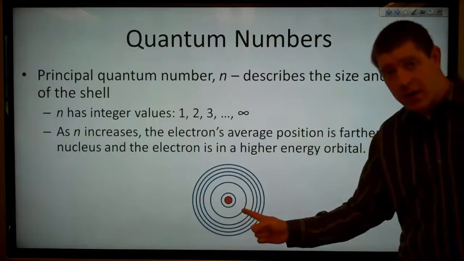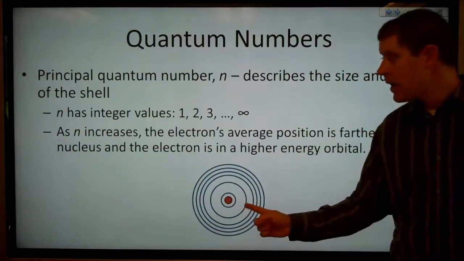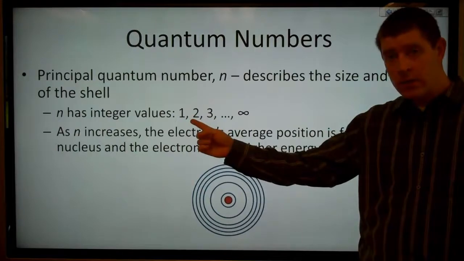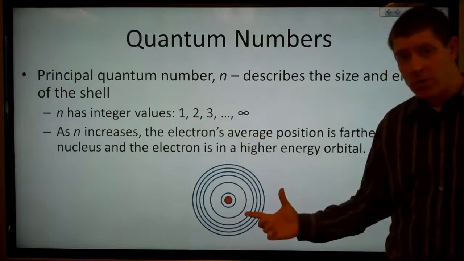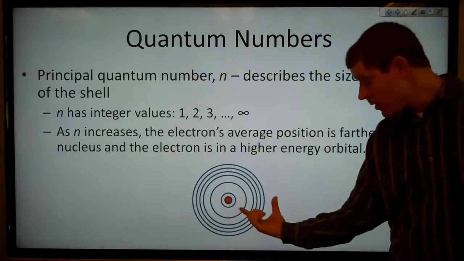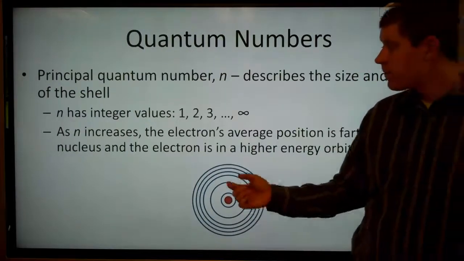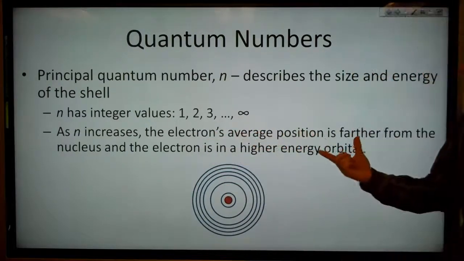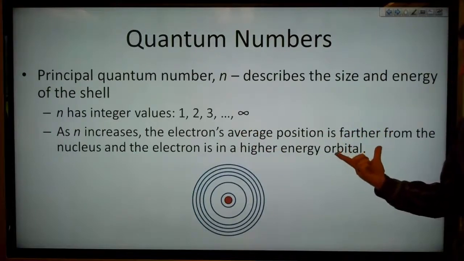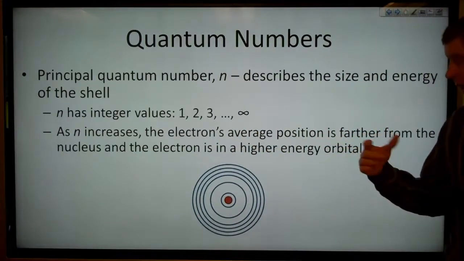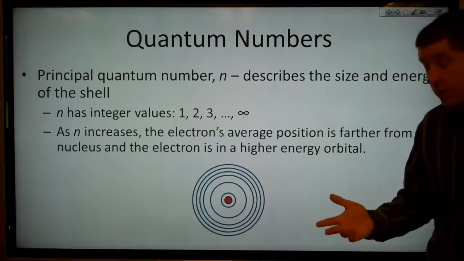The first energy level has an n of 1. That's just like Bohr's energy levels. The next one has an n of 2, and so on. As n increases, the electron's average position is farther from the nucleus, and the electron is in a higher energy level, higher energy orbital.